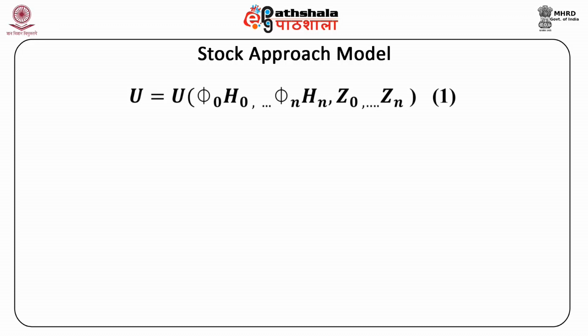Zi is consumption of other commodities in the ith period. Death occurs when Hi equals H minimum.